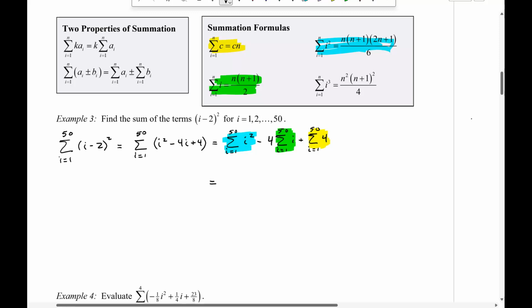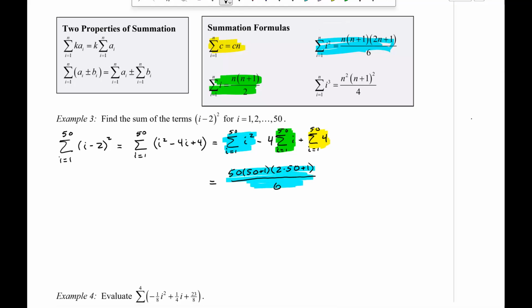So our blue summation, we've got n equals 50. The 50 is right here, so we're going to plug in 50 into each one of these n's and get something like this. So that's what the blue summation becomes. Minus 4 times.